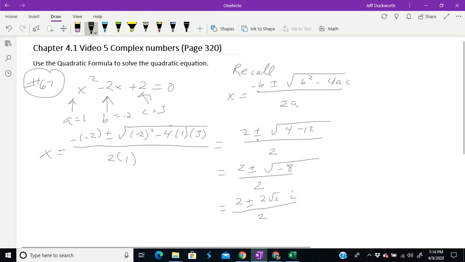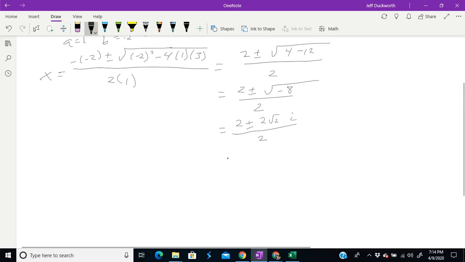Give myself a little more room here. So 2 and then 1 plus or minus root 2i. Now we're free to cancel because I've got a product of 2 times a number over just 2, so that works.